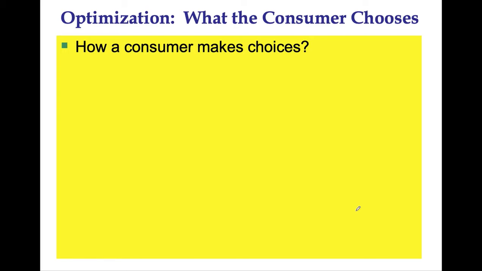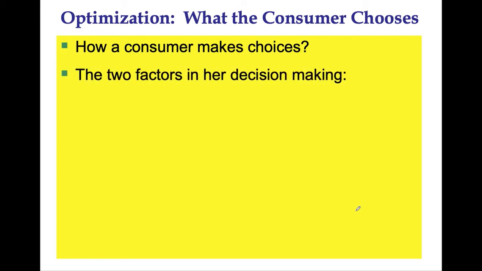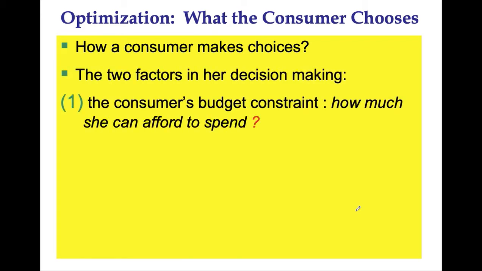The first piece is the budget limitation, which we call the budget constraint. It's about how much she can afford to spend.